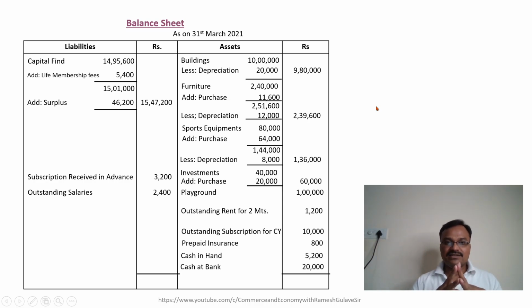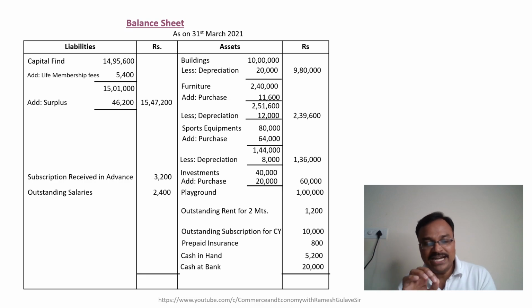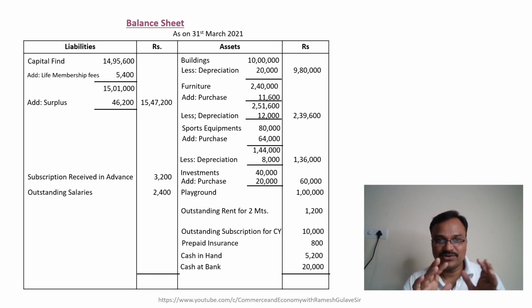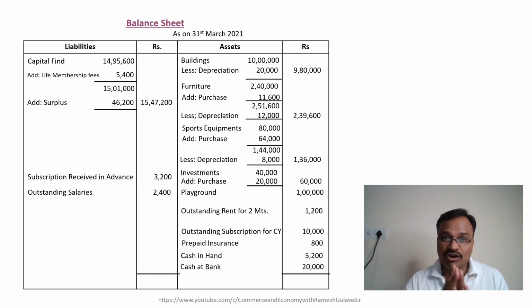Just calculate the amount of balance sheet, whether it is tallied or not, and let me know in the comment section. Okay, this is the homework for you. You have to just add all the assets and liabilities, and you have to comment the amount of tally. Okay, whether balance sheet is tallied or not, let me know in the comment section.